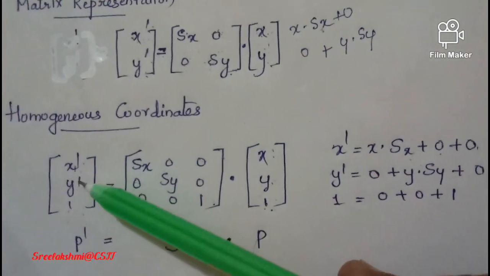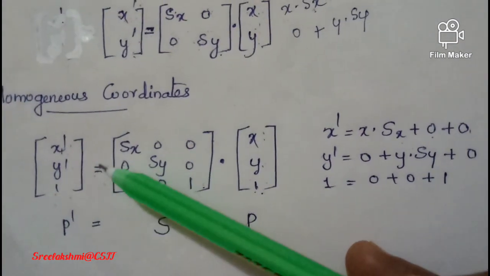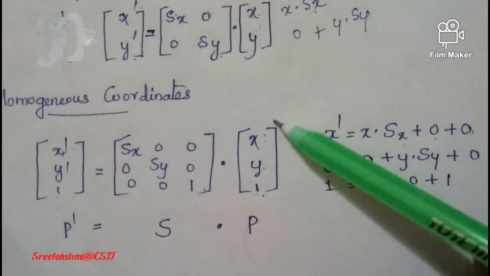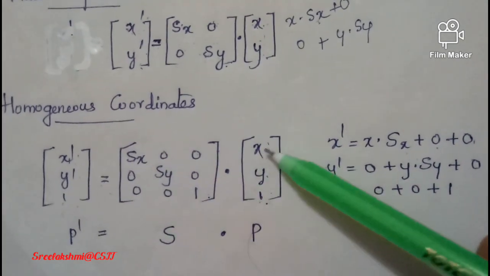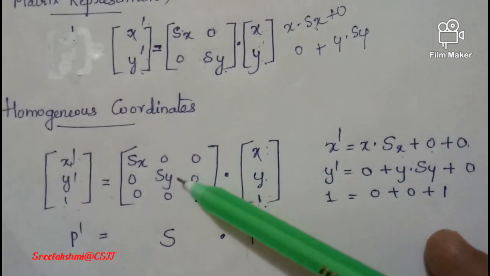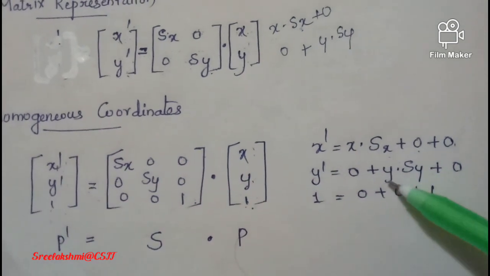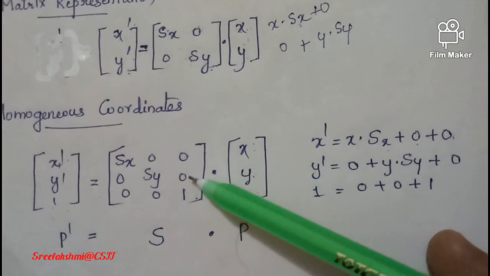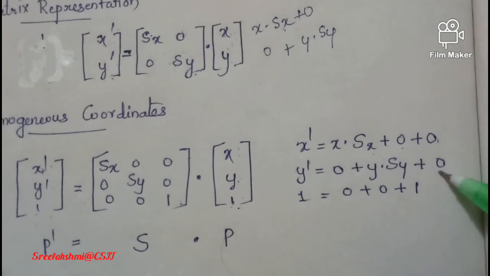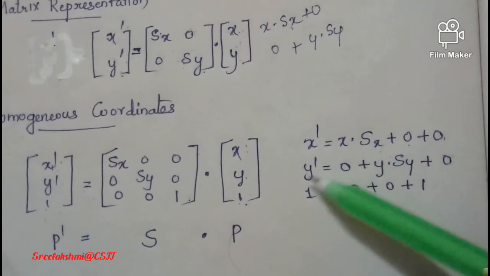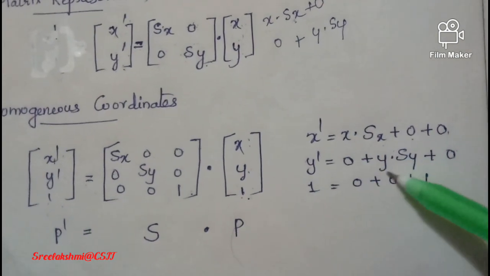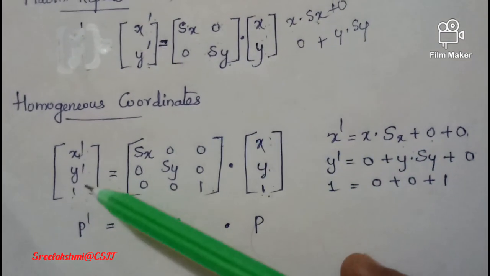Let us move on to the second equation, which is y dash, the second row and this column: 0 into sx, which is 0, plus sy into y, y into sy, plus 0 into 1, which is also 0. So these two terms are 0. So the equation for y dash is y into sy. You got the second equation.